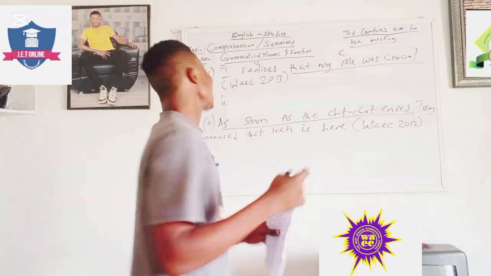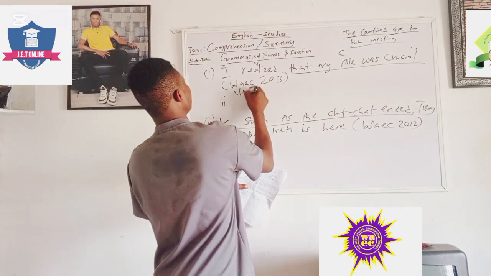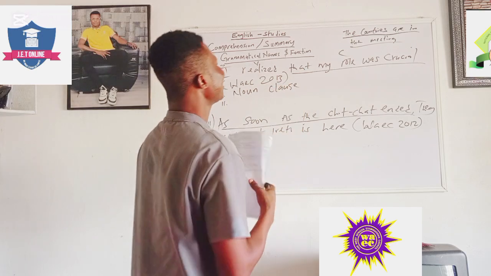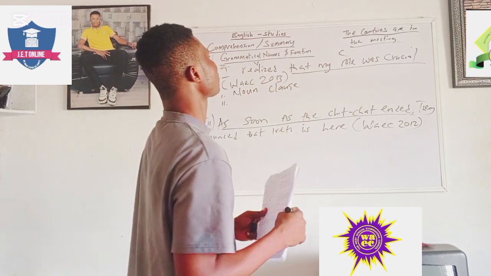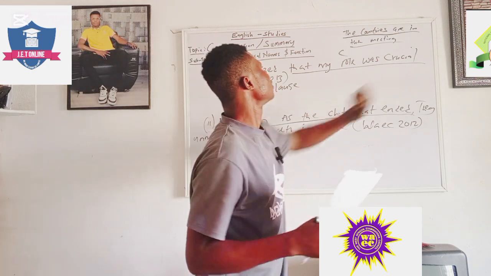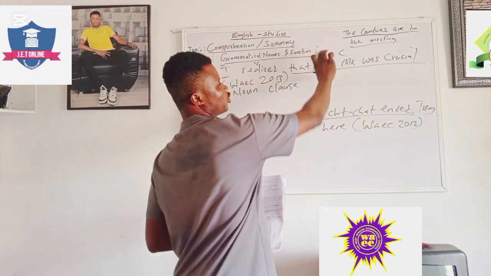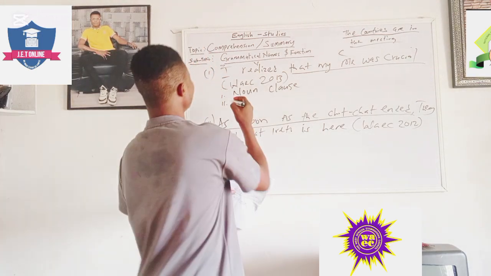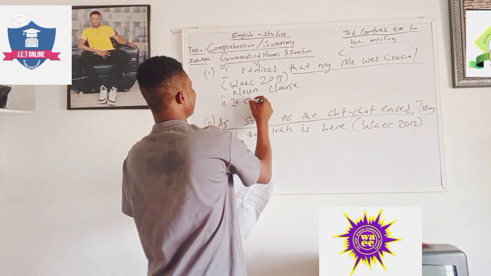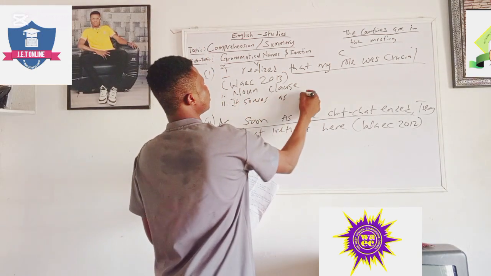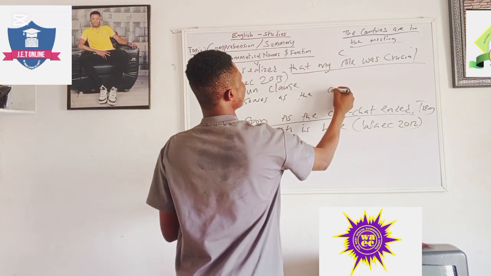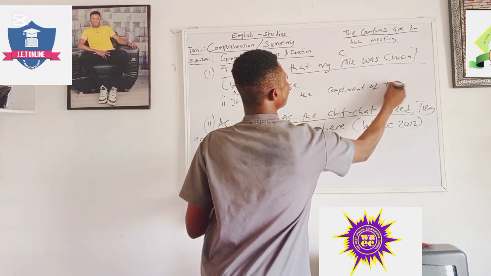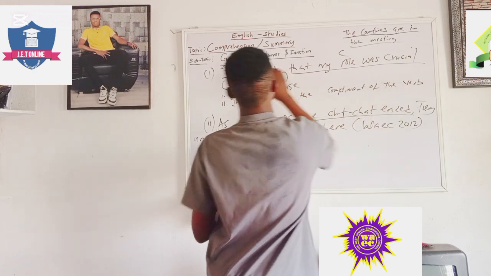Because we have the element of a noun, which is role, as well as the position of the statement being at the complement level. So the function is what? It serves as the complement of the verb. What verb? Realized.